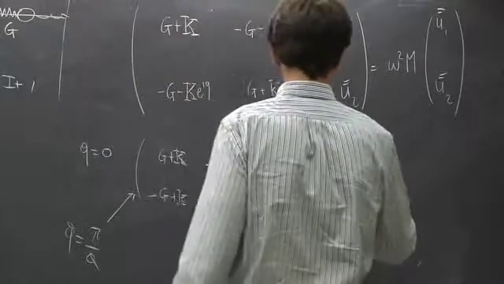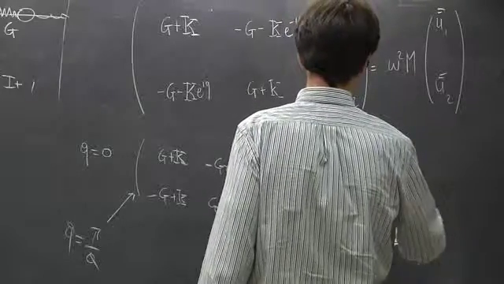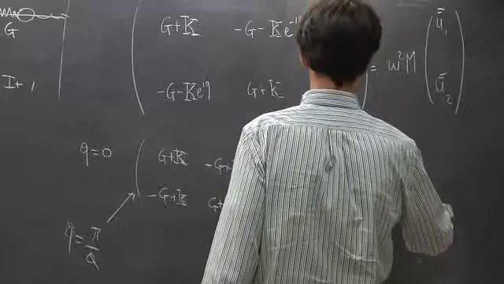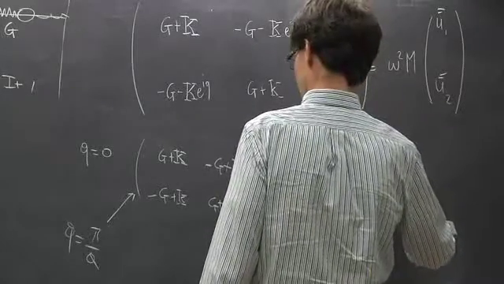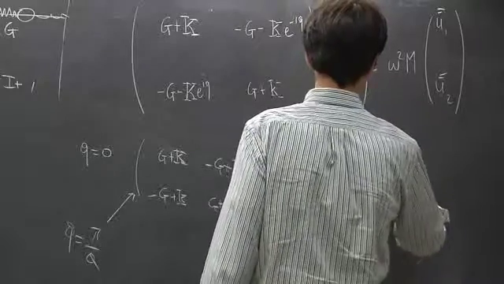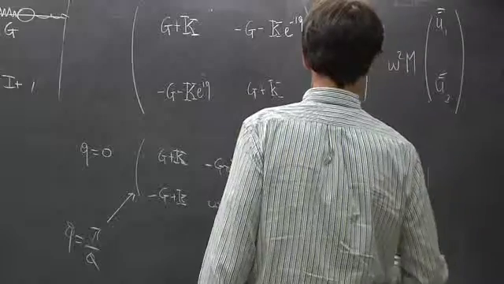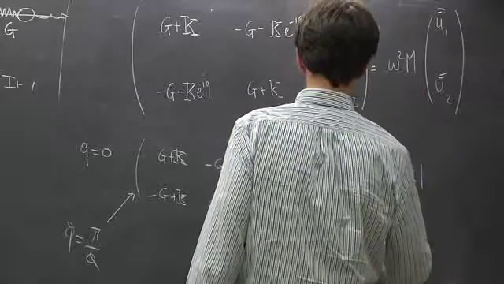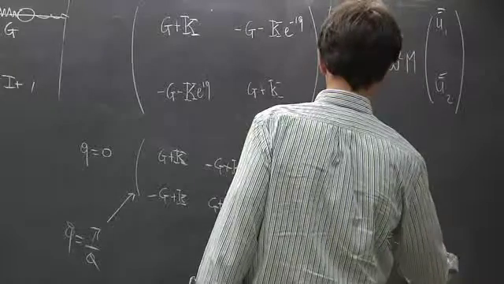Let me do it slowly. So it's g plus k plus or minus k minus g, and g plus k minus k minus g.